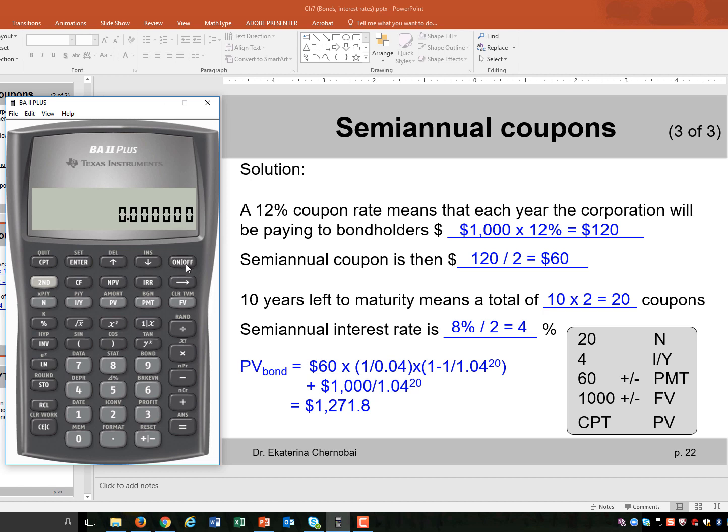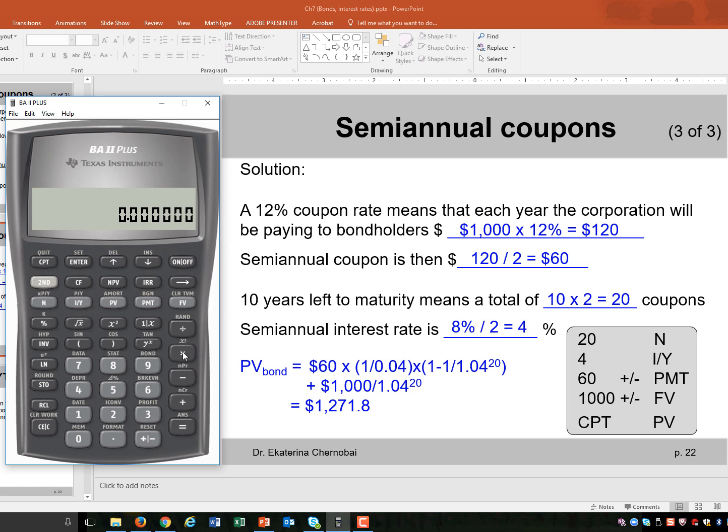Let's begin. So in no particular order, we need to enter the future value, the $1,000 face value, PMT, the dollar amount of each coupon payment, the number of coupon payments, N, and the discount rate or the yield to maturity, IY.